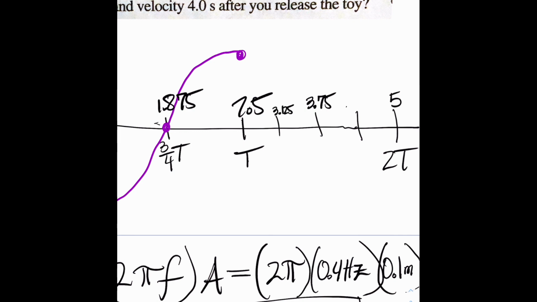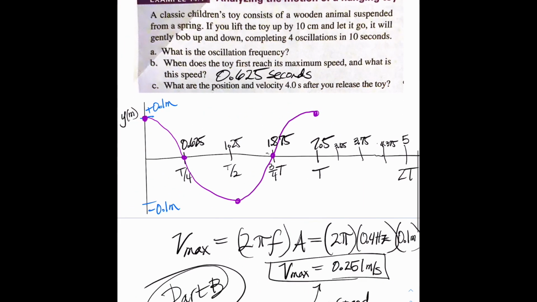And right here, 3.75. I'm just going up by 0.625 every time, if you don't know what I'm doing. This is 4.375. Now the reason that we're doing this is they say what are the position and velocity 4 seconds after you release the toy.